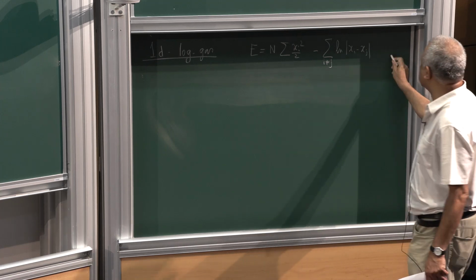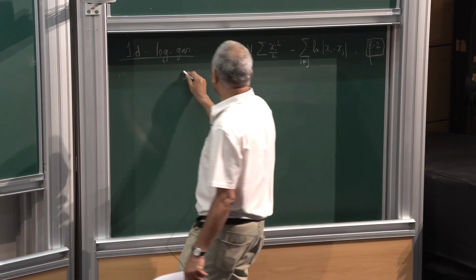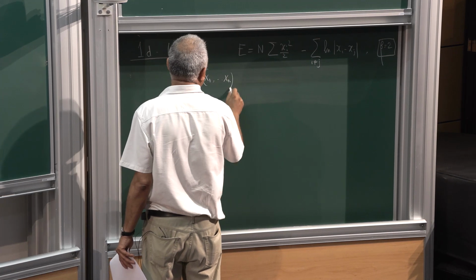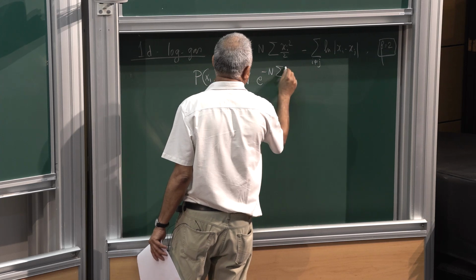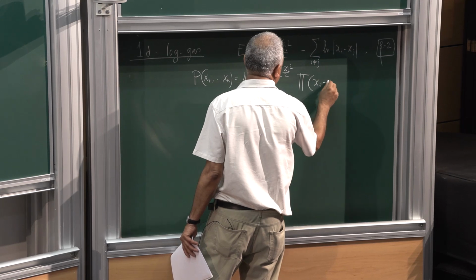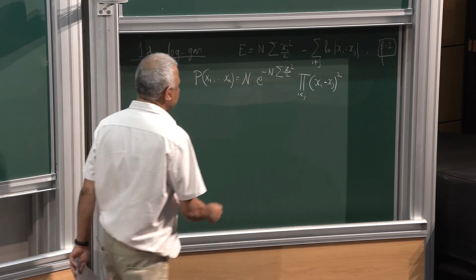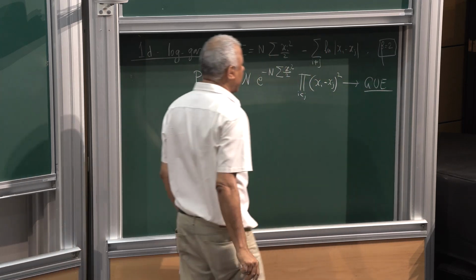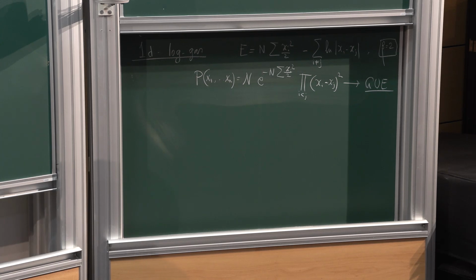So let's say, for simplicity, we keep beta equal to 2, which means the joint distribution of this log gas, up to some normalization, is the GUE, the Gaussian unitary ensemble. So this is the joint distribution of the eigenvalues of a Gaussian unitary ensemble.